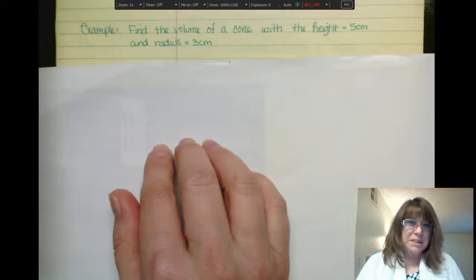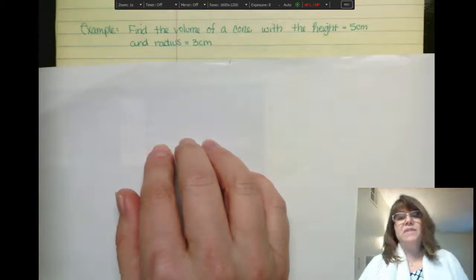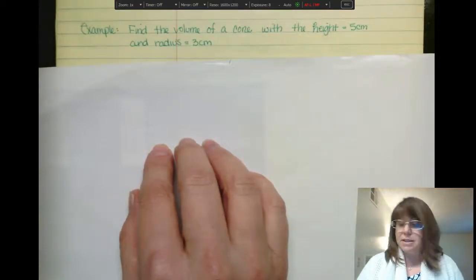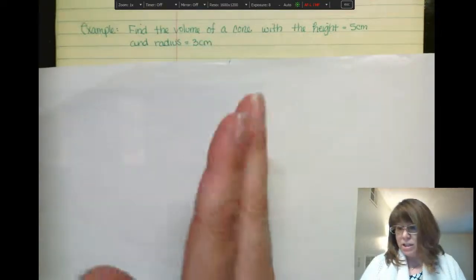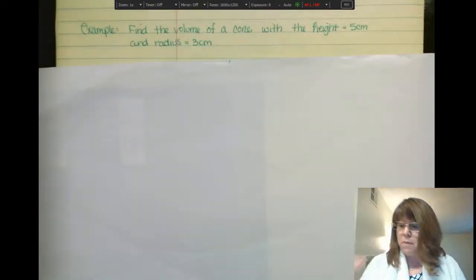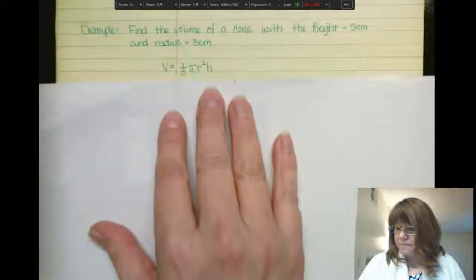For example, let's find the volume of a cone with the height of 5 centimeters and the radius of 3 centimeters. Using our equation, volume equals 1/3 pi r squared h.